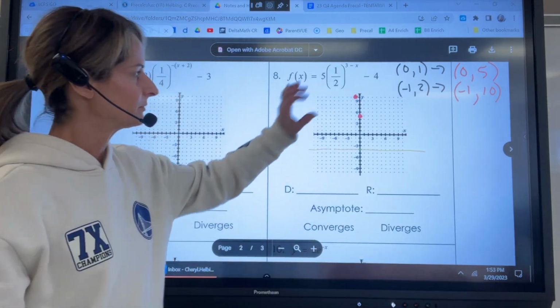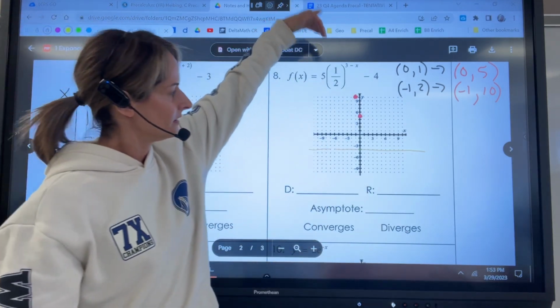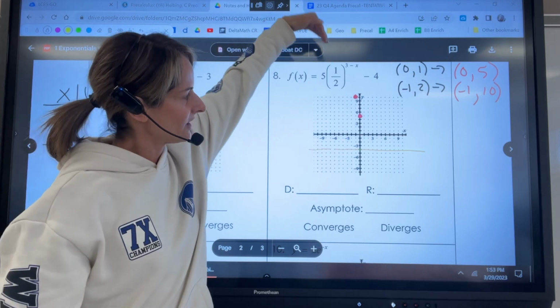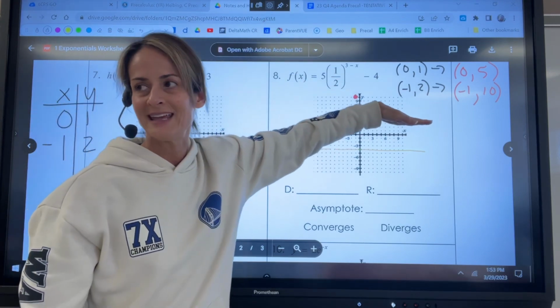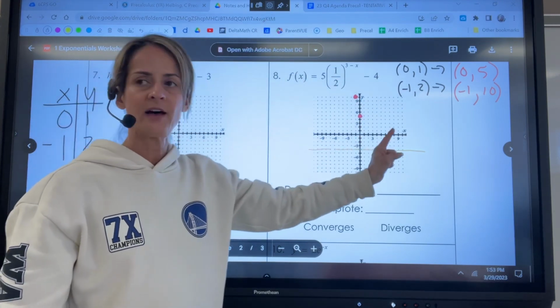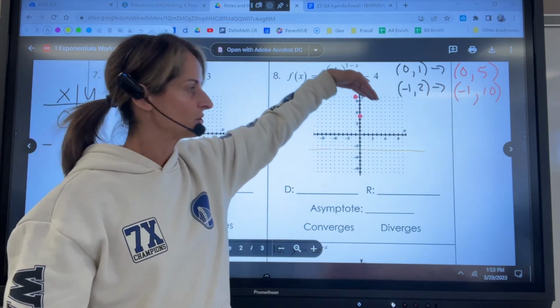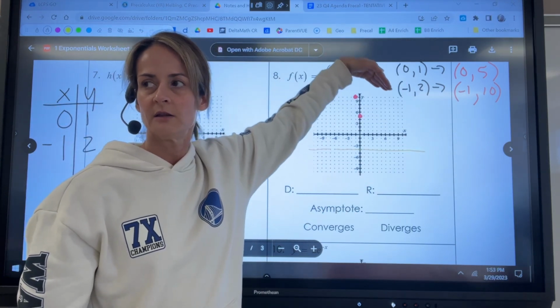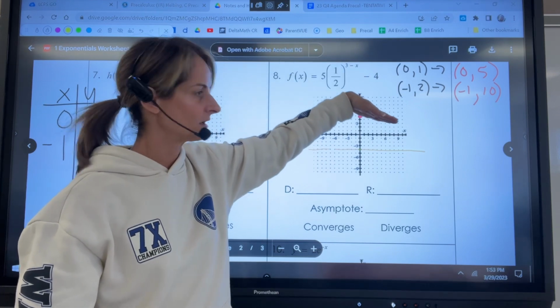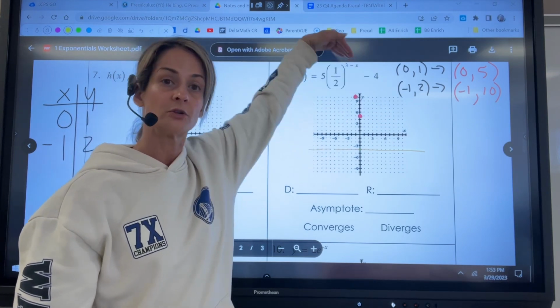Okay, and we're going to move those points around. But right now, with the asymptote at 0, this graph is going this direction, and that's called decay. Because as the x values are getting larger, the y values are getting smaller, and the graph is approaching the asymptote. That's called converging.